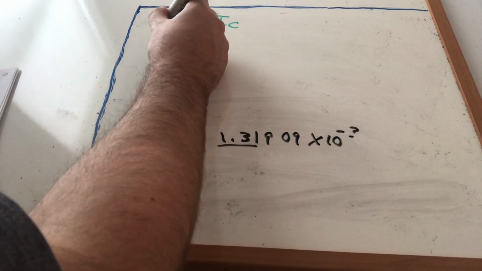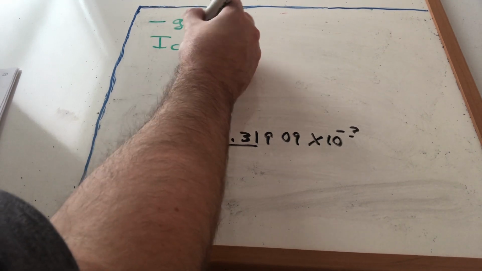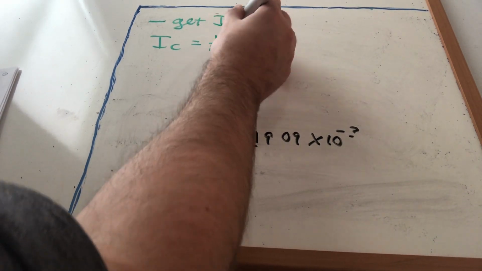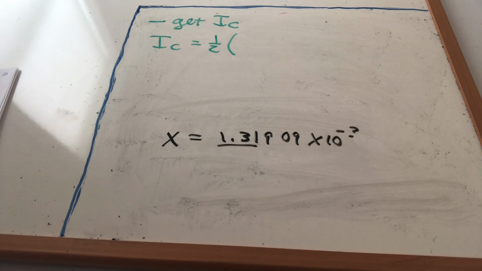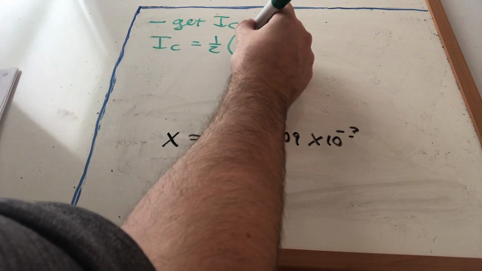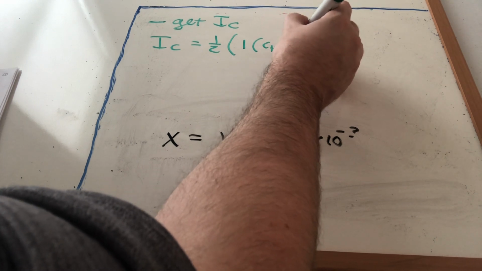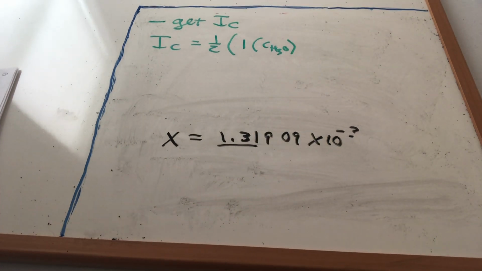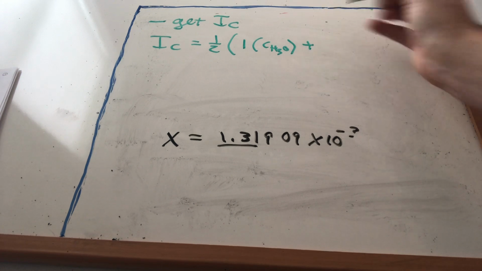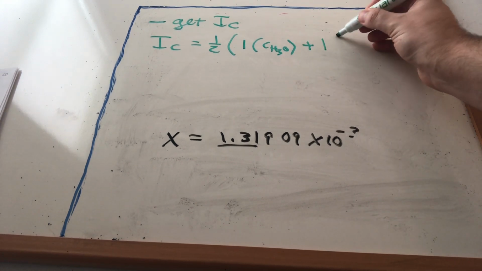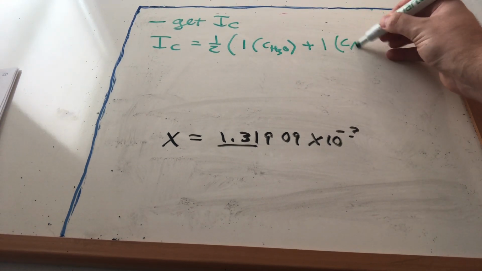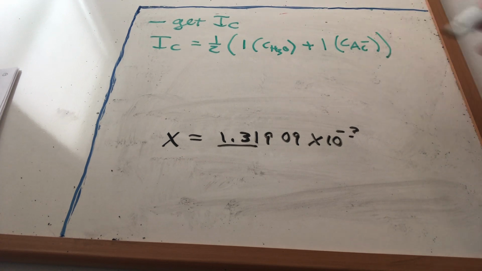Well, if you think about how we calculate IC, we have to consider 1/2, what ions are in solution? We have a positive 1 ion, so we need to square it and multiply by the concentration of H+. We have a negative 1 ion that we can square and it becomes a positive 1, and then we also have the concentration of AC- to consider.